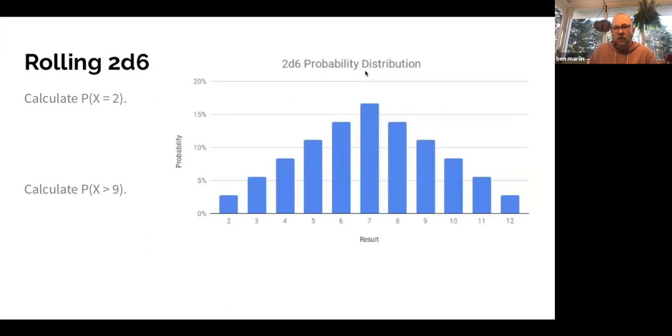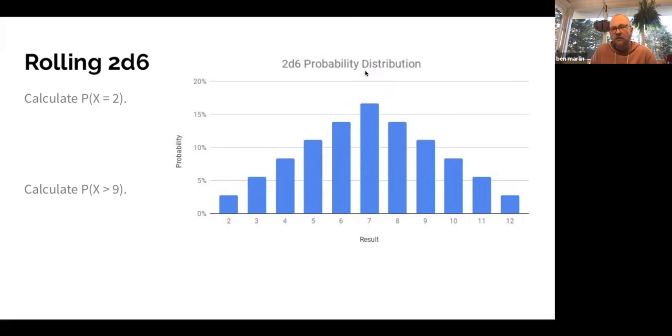So if instead of rolling 1 die, we were rolling 2 dice and adding it together, hopefully you'll realize from some exposure to this that rolling a 2 or rolling a 12 are much less likely than rolling a 7. That's because the only way to make a 2 is by rolling 2 1s.